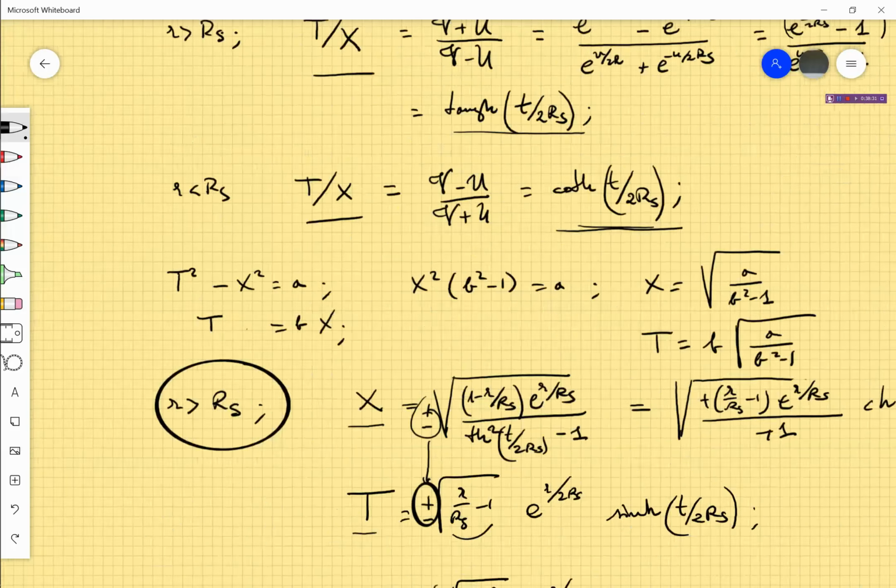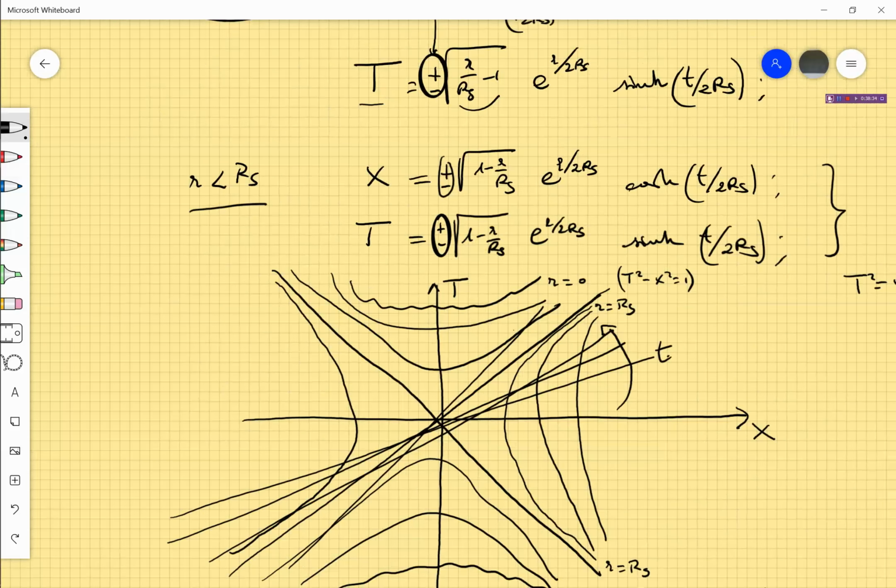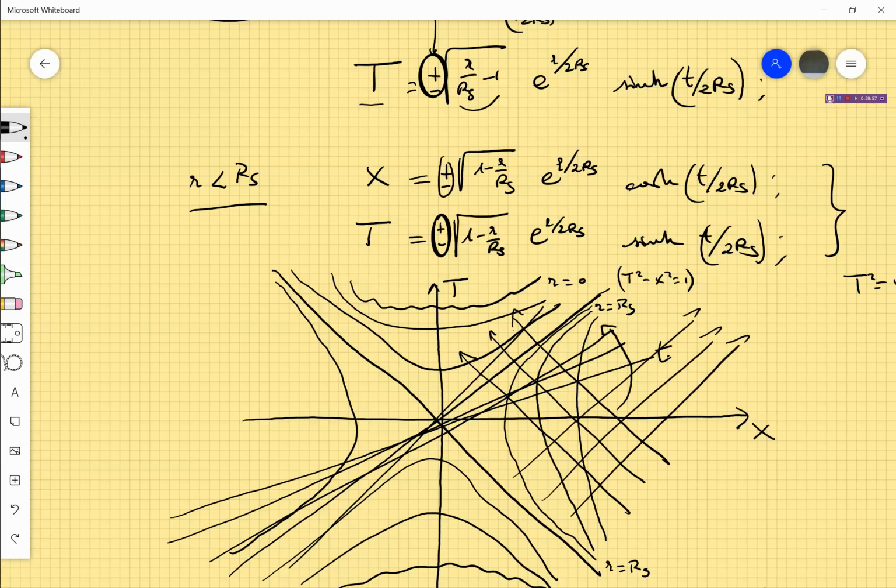So since it is only on the angles that the light cones depend, here in this diagram, light rays will propagate at 45 degrees in one direction or the other direction. This will be your incoming light rays, and this will be your outgoing light rays. They go to larger distances, to larger values of x, which will correspond to larger values of r. This is something that you can check. These curves go asymptotically to this one.